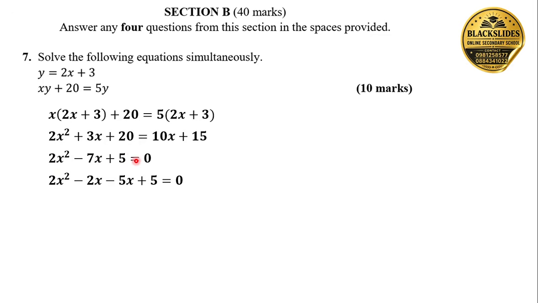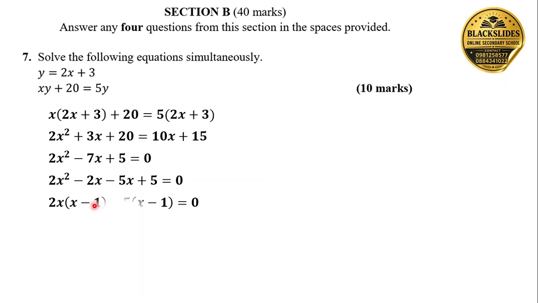Take 2 times 5, that's 10. The factors of 10, which when you add, will give us minus 7x: minus 2x and minus 5x. So we have this expression to factorize.